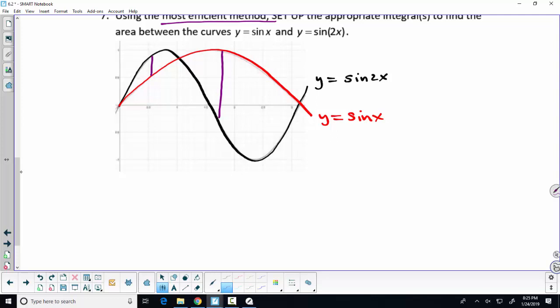So all we've got is this graph, so we'll just say the area bound by these two regions. One more, so points of intersection.